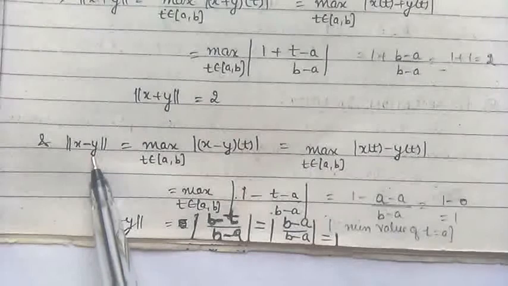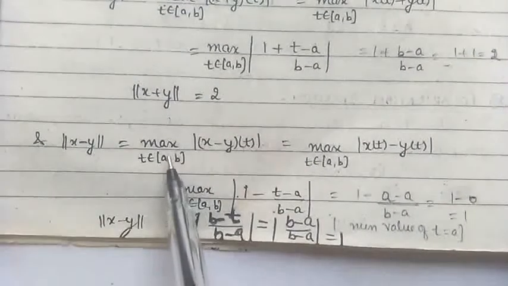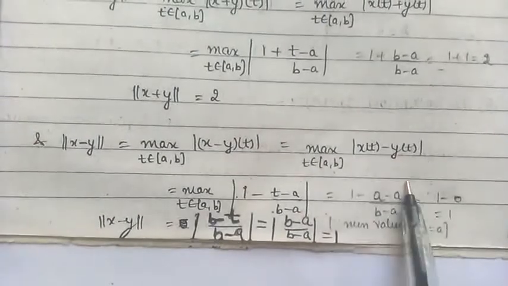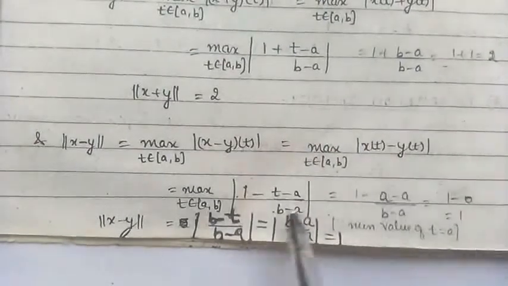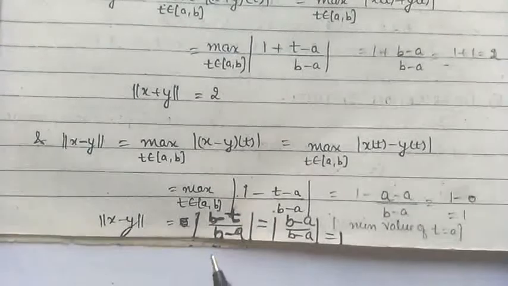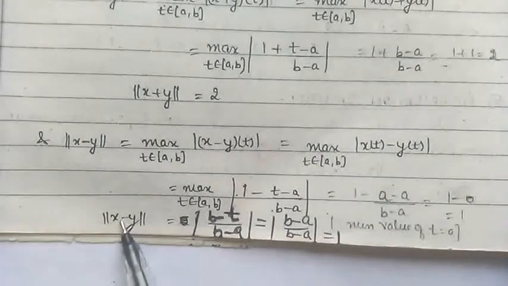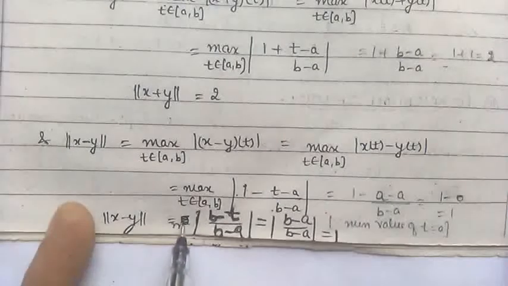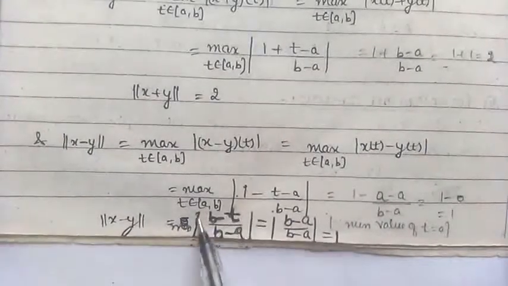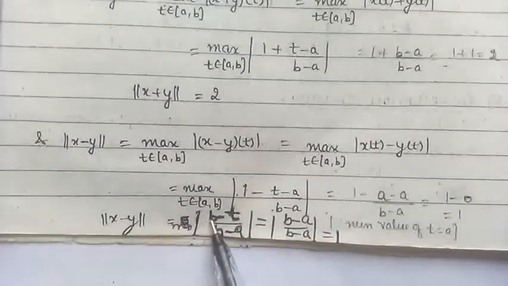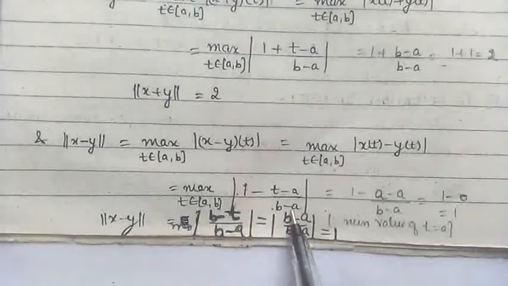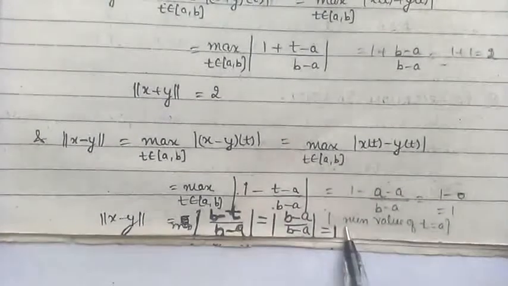Again, by definition of the norm, this is the maximum of mod of x minus y. Now substituting the values of x and y and taking LCM, we get the norm of x minus y is equal to the maximum of mod of (b minus t) upon (b minus a). Now this value will be maximum if t becomes a. So (b minus a) upon (b minus a) mod will give 1.